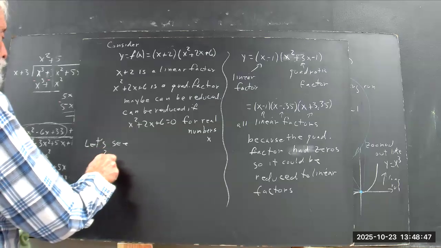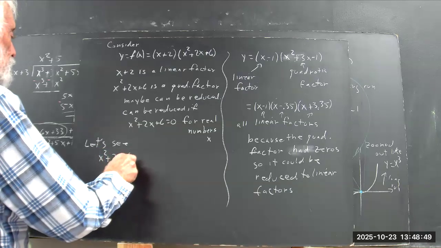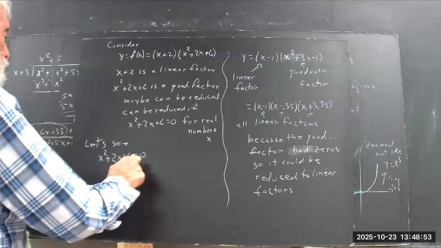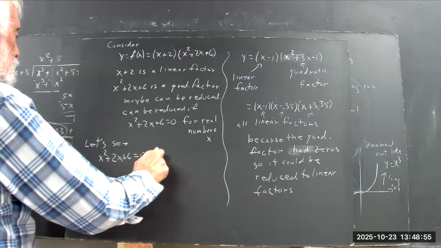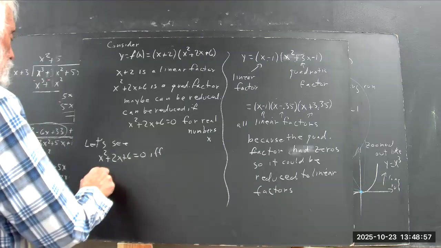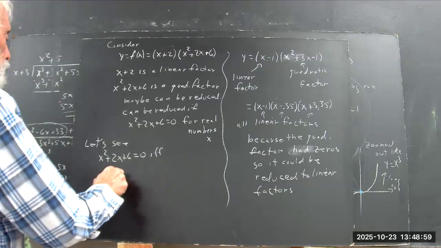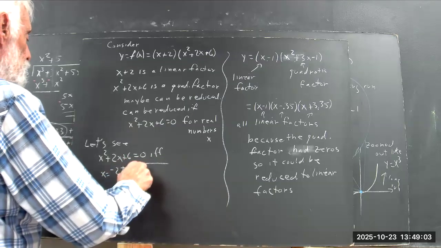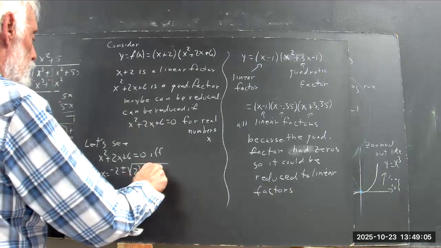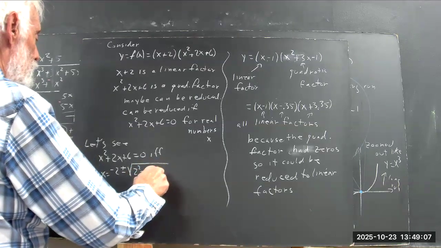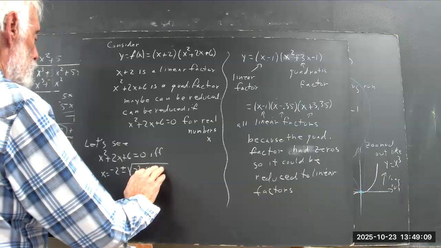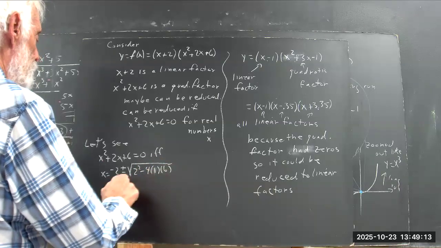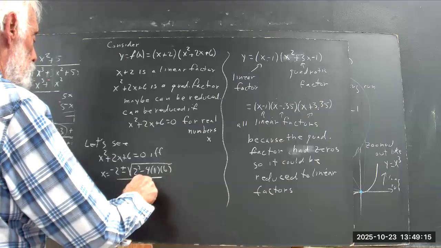X squared plus 2x plus 6 equals 0 if and only if x equals negative 2 plus or minus the square root of 2 squared minus 4 times 2, times 6, all over 2 times 1.